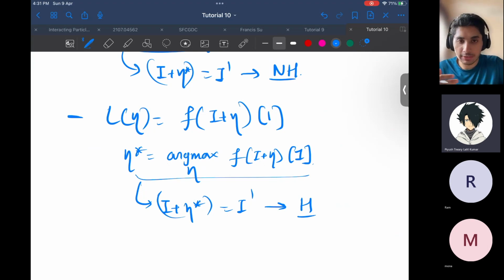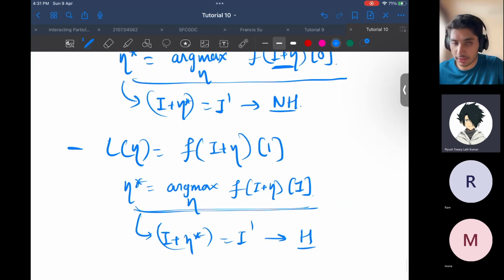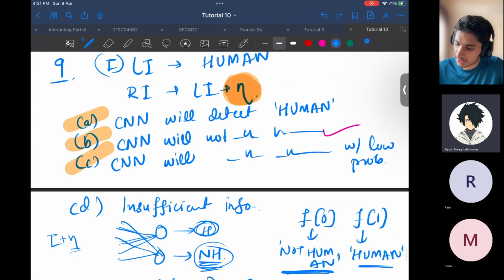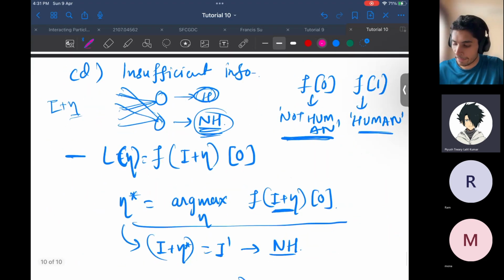Because that is how I have obtained my eta, by maximizing that particular logit. So it will predict human as output. So by this construction, this option is also correct. This time the CNN will detect it as human.